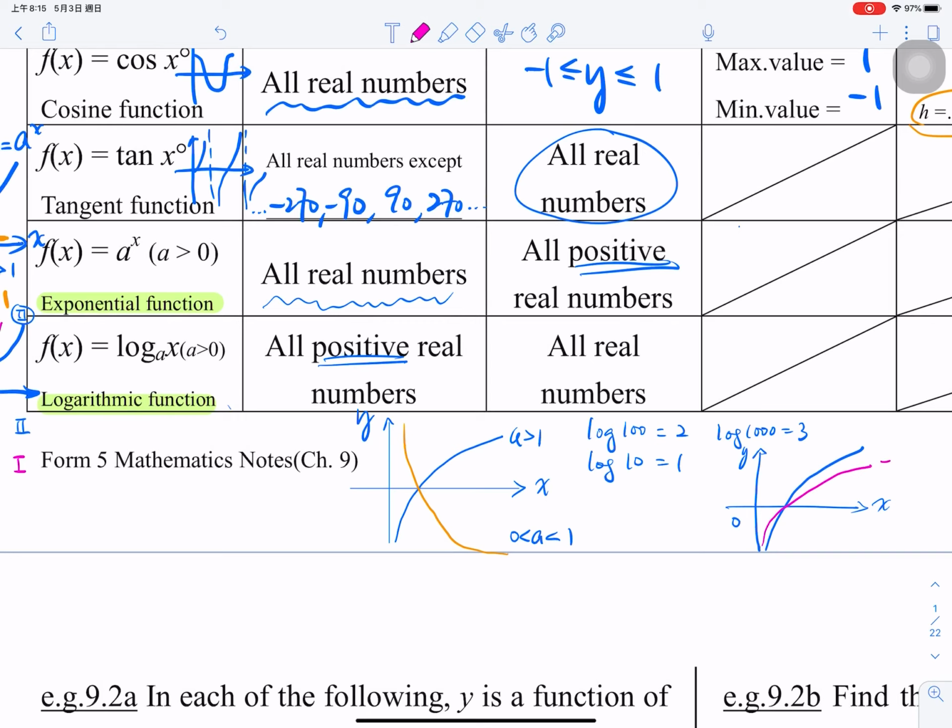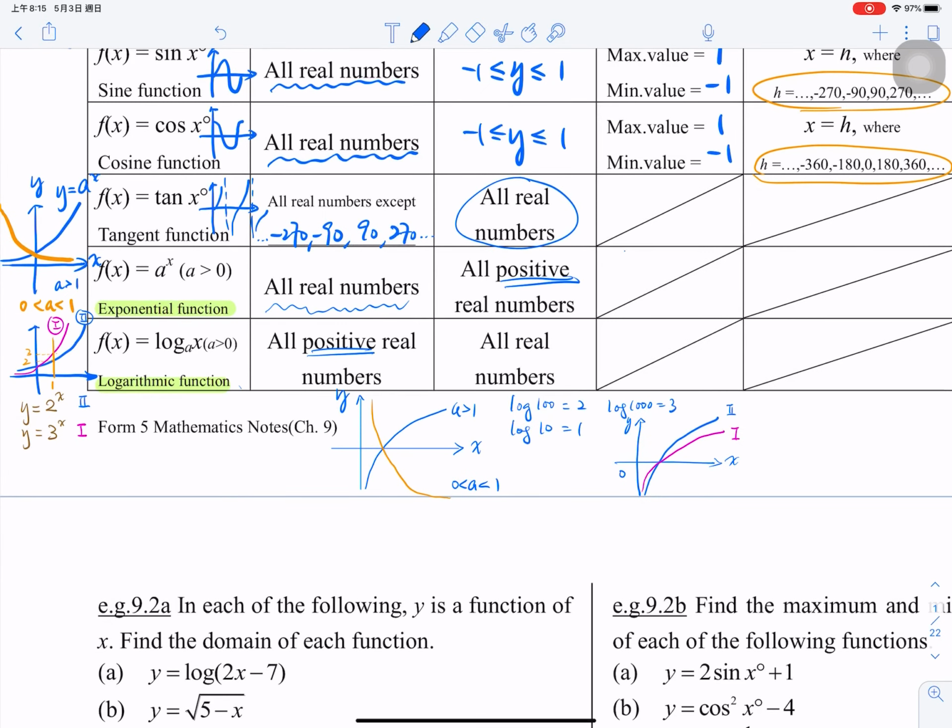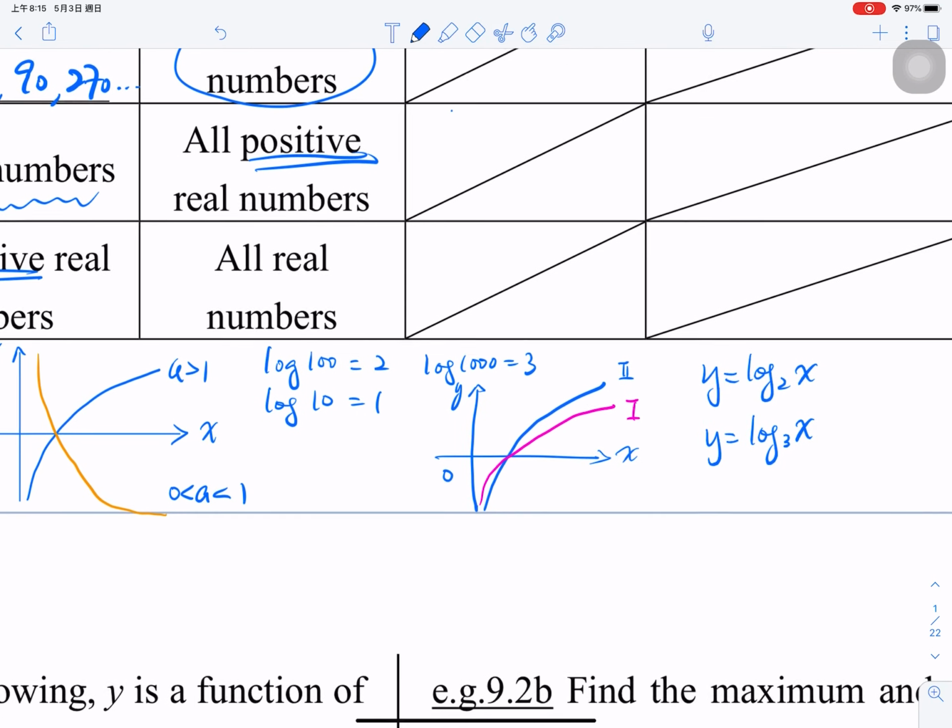This one as 1, this one as 2. If now we have two log functions, for example, y equals log x base 2, y equals log x base 3, which is 1 and which is 2?